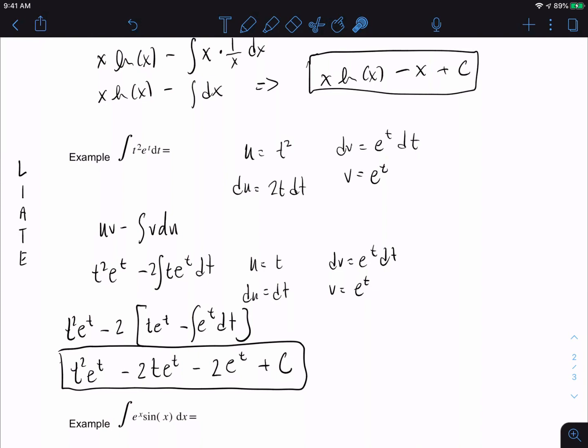Did I just make too big of a jump for you guys? No, I think I still get it. Okay, good. Now, the important thing is to notice that when you have a product again, we should use our integration by parts.